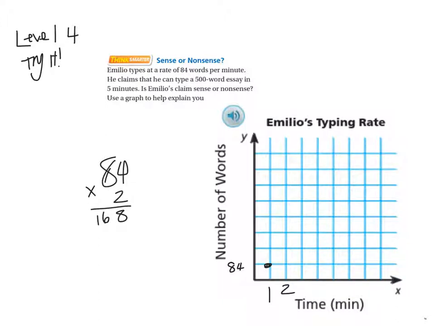He can type 168 words in 2 minutes. So in 3 minutes, I'm going to add another 84 here. Is that right? 252. Yeah. He can type 252 words.